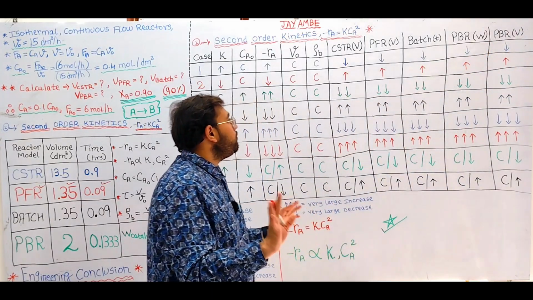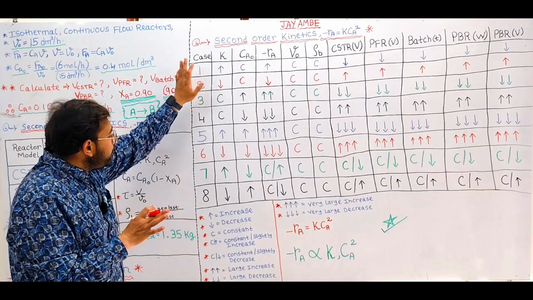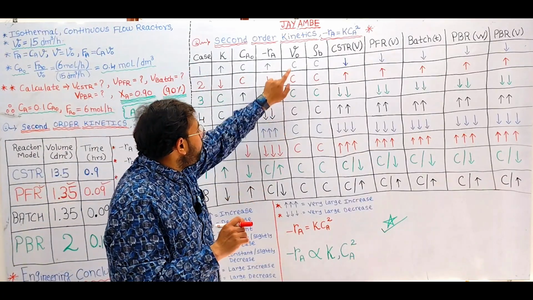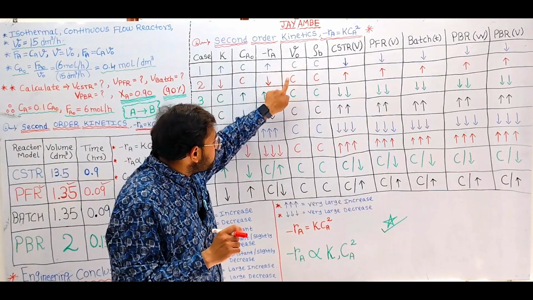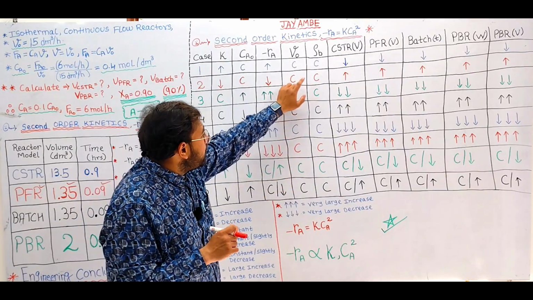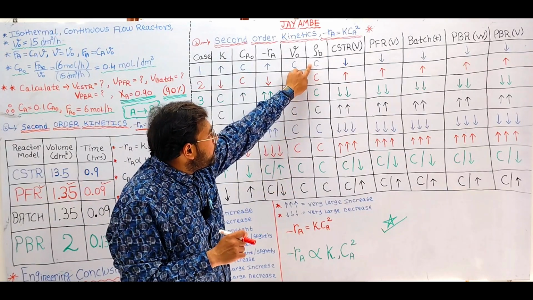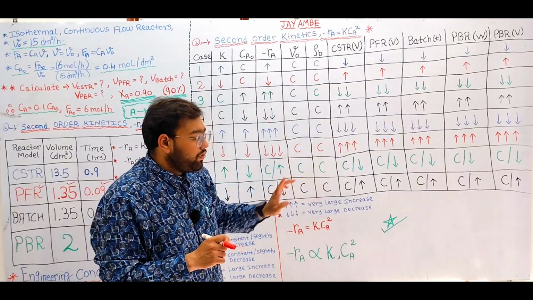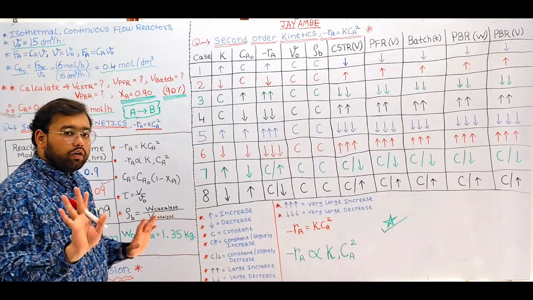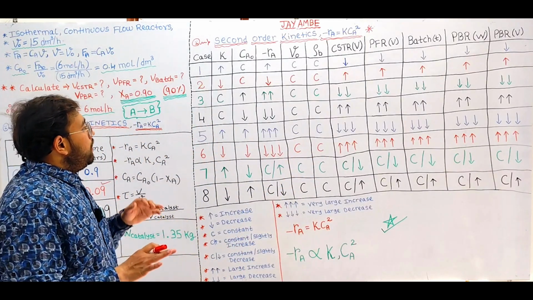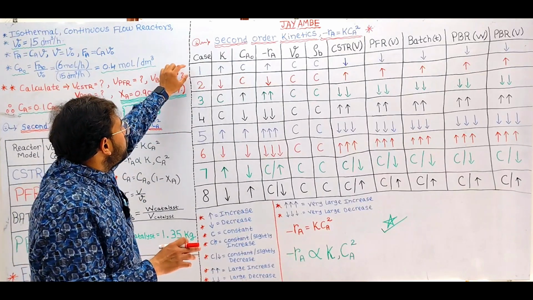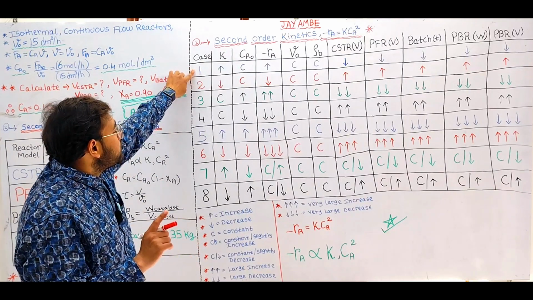I hope up to here you have understood. In all the cases, I'm keeping the volumetric flow rate and the bulk density constant. Now we have understood the first case.